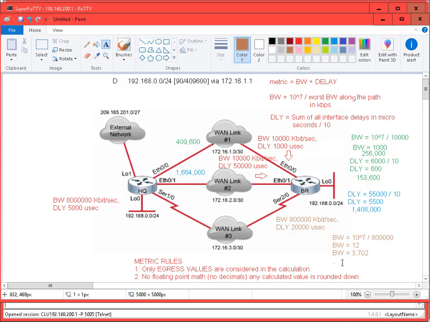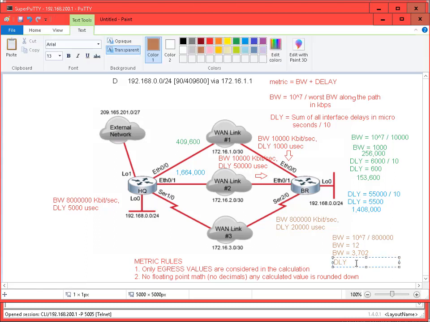So the delay portion of the formula is 25,000 divided by 10, which equals 2,500. And then we multiply that value times 256.